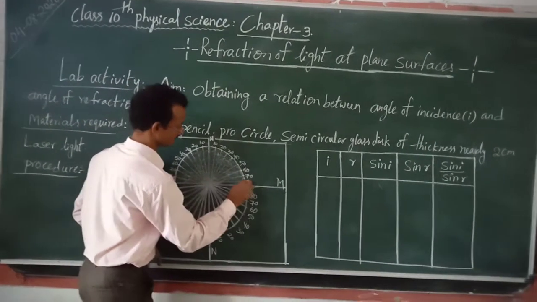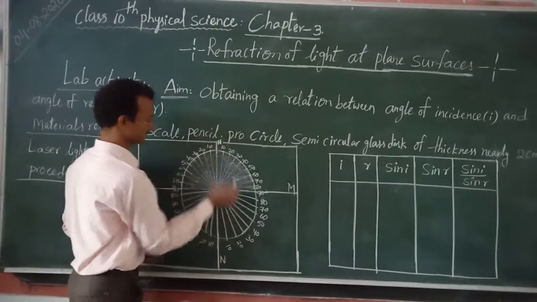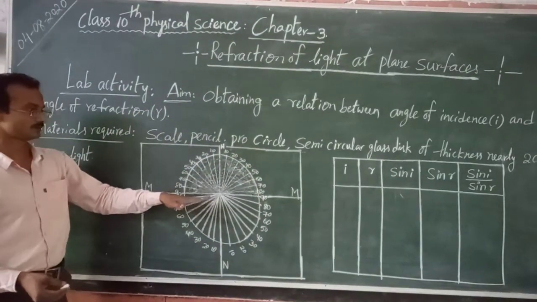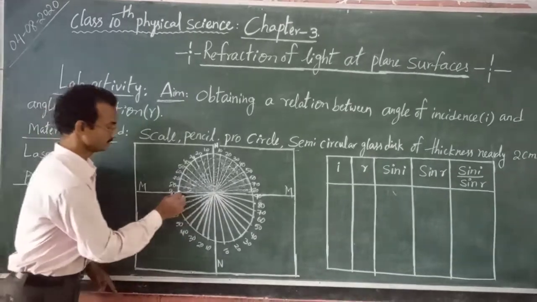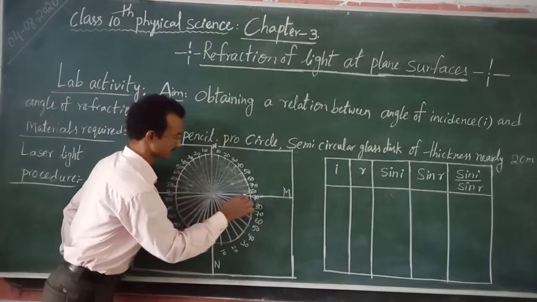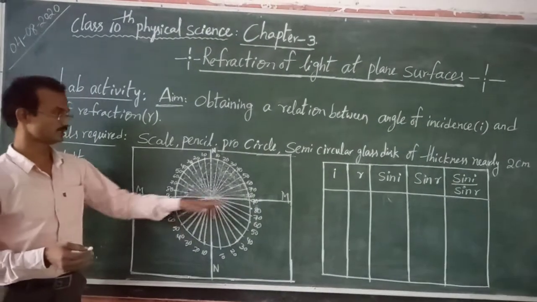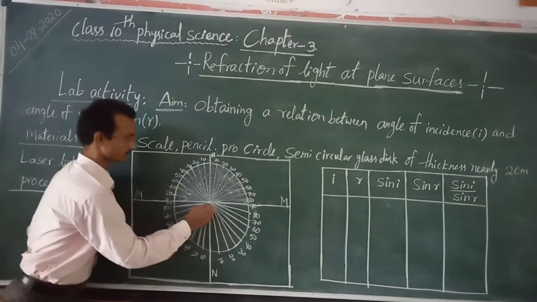This is the semicircular glass disc which is placed on the line MM in such a way that its diameter coincides with the MM line at the point O.